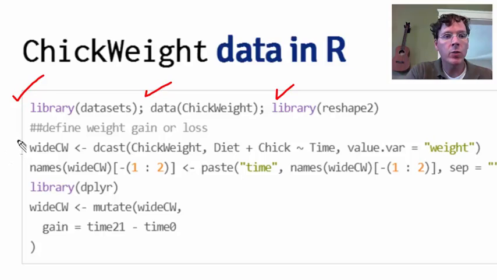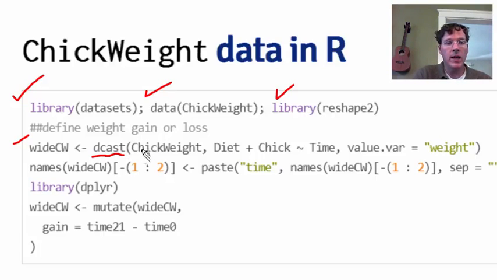The ChickWeight data comes in a long format, so it's the chicks lined up in a long vector. If you want to take that long vector and make it wide, so that there's one column for each time point that we measure the chick, then you want to use dcast, which is a function in the reshape package.